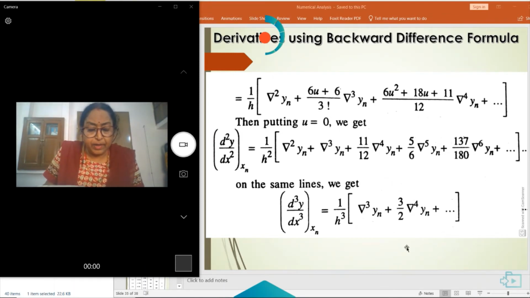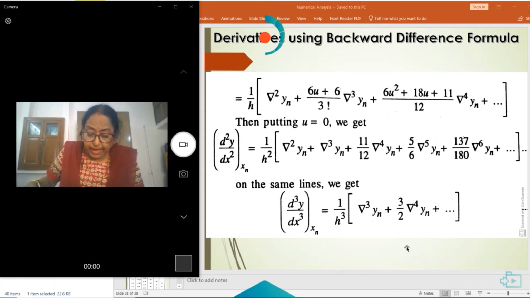Thus, putting u equal to 0, we get d2y by dx square. This is the second derivative. d2y by dx square is called the second derivative, and dy by dx is called the first derivative of the function.